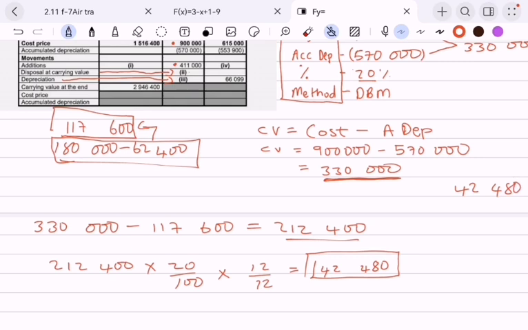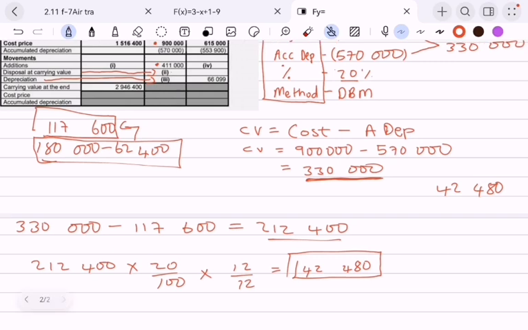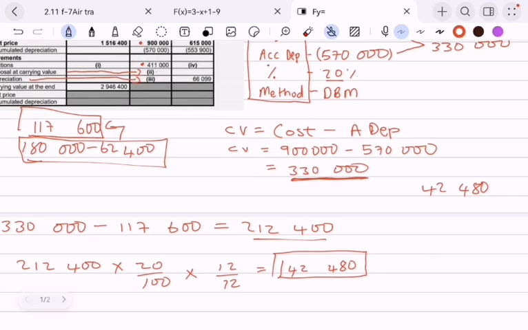So now, let me write that on the side. 42,480. And the time when we were still calculating our sold asset, we found out that the depreciation for the year of the sold was still 19,600.